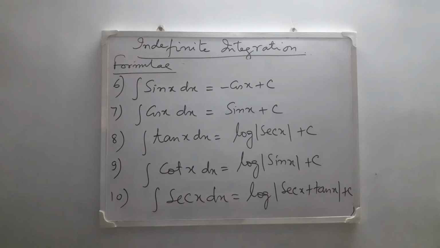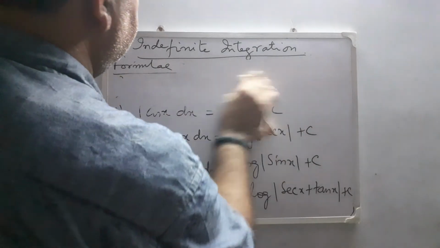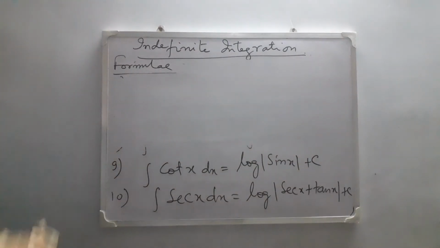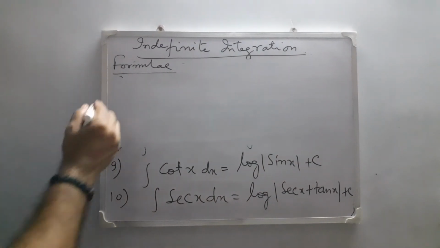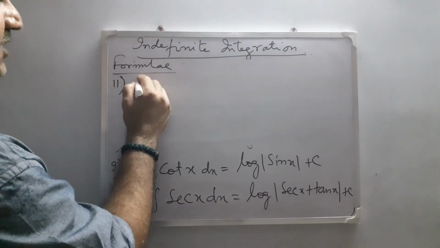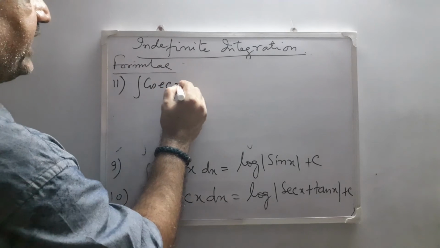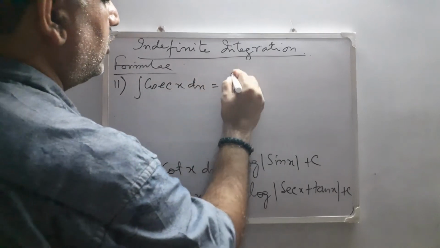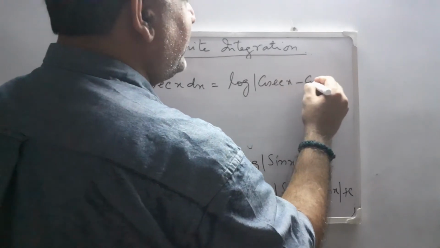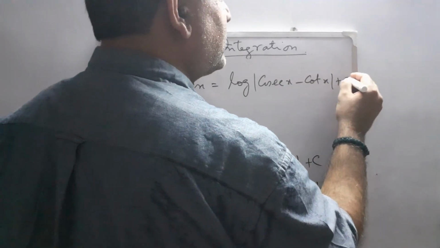Now formula number 11. After 10, it is 11. Integral cosec x dx is equal to log mod cosec x minus cot x, and then plus c.